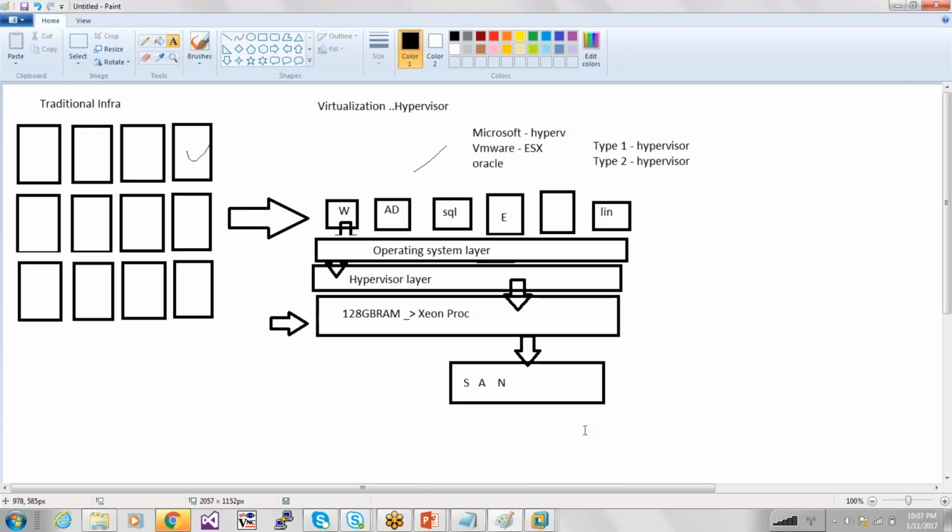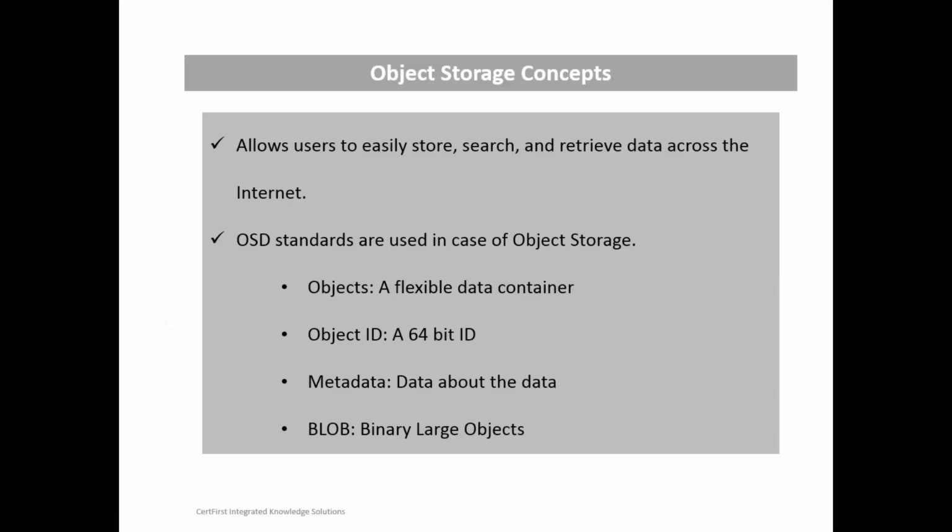Lots of petabytes of storage, right? That is something on the storage, and that needs to be appropriately distributed to those virtual machines. And that can only be done if every block of that data has an object ID. Every object that is stored on that storage has an ID that is very unique. That object ID is a 64-bit ID.